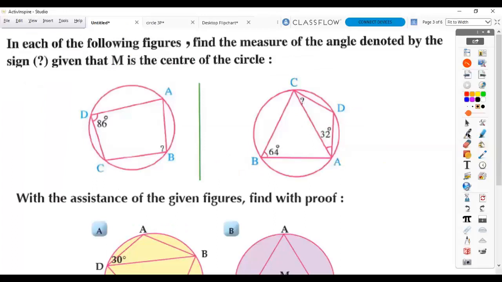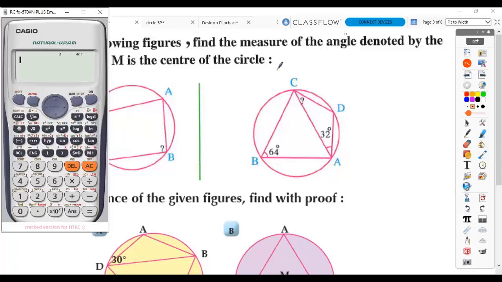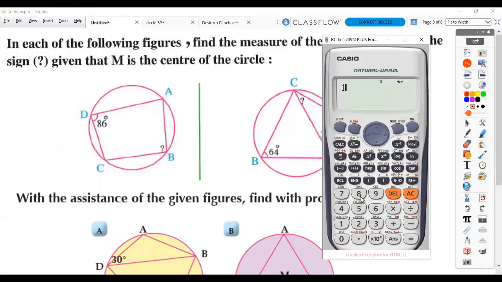And now let's try to solve some exercises. Here we have D equals 86, and we want to find B. They are opposite angles, so they sum up to 180. So 180 minus 86 will be 94.